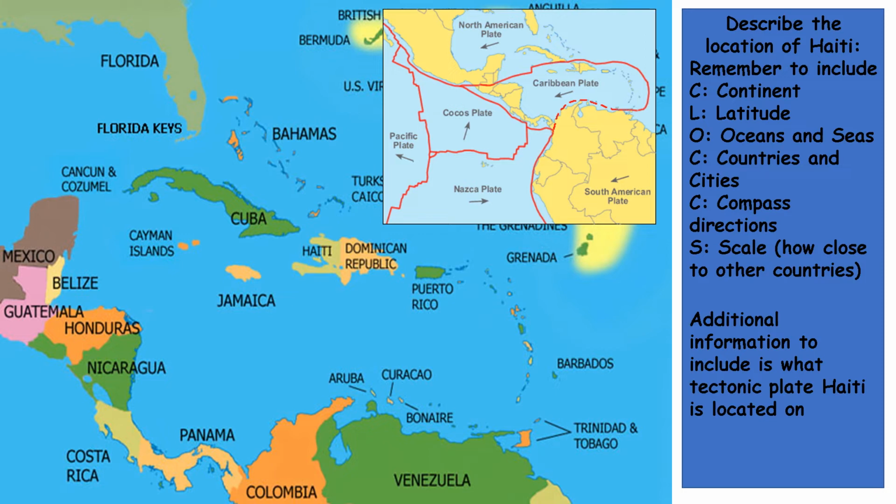Think about the scale, how close. For example, it's actually attached to the Dominican Republic. So although it's west of the Dominican Republic, it's actually attached, whereas it's southeast of Cuba, but it's not actually attached to it. A bit of additional information when you're writing your description of where it's located is to include the plate that it's on.